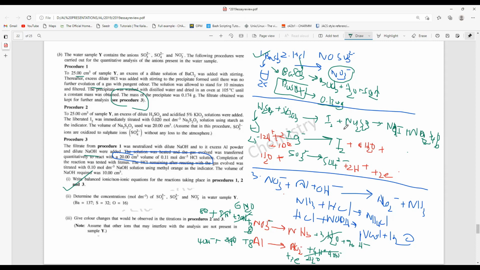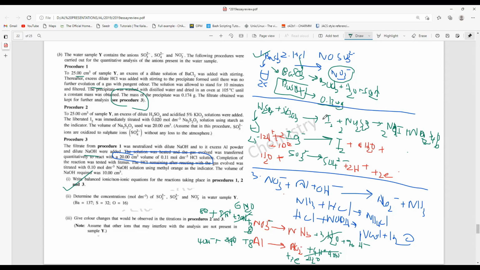So there are 2 sodium, so I can put 2 here and add 2 here. So 2 NaI and Na2S4O6. So 2:1 ratio.